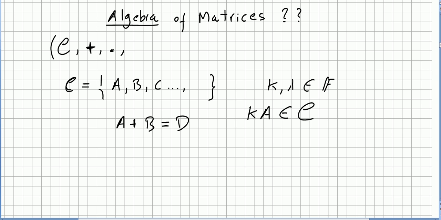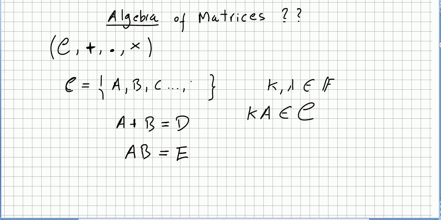And I have to use this one, for instance, for matrix multiplication, meaning if I pick matrix A, I multiply matrix A by matrix B, and I get matrix E, and E is also here in this set.